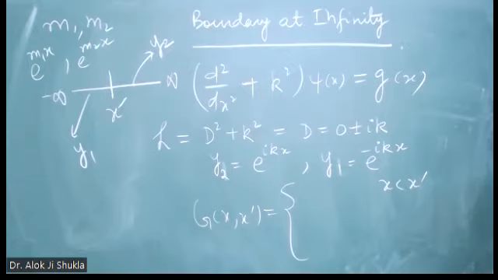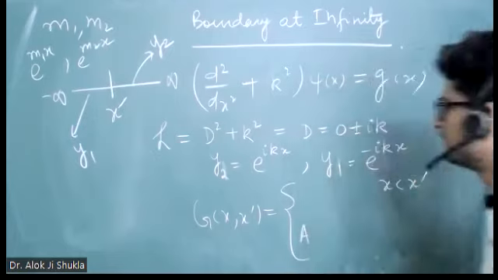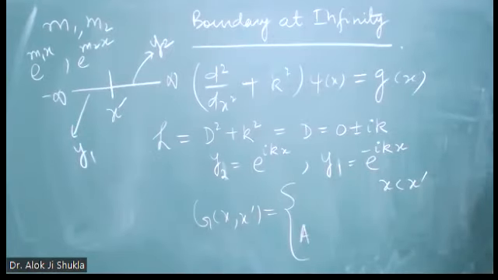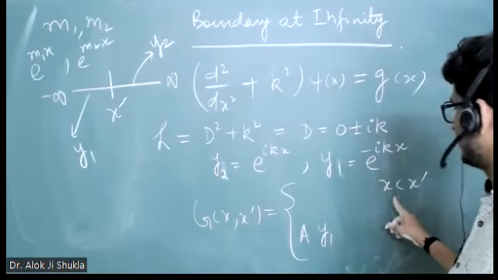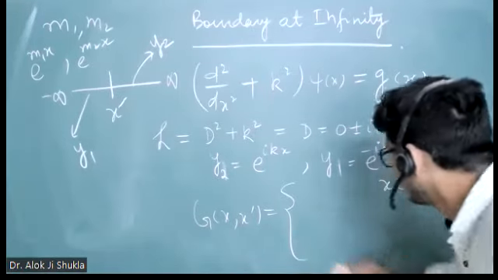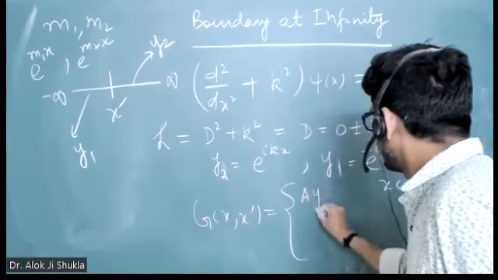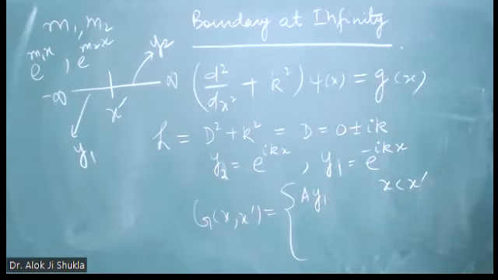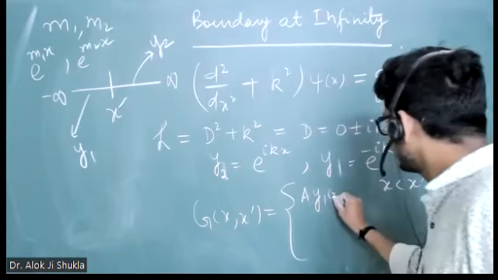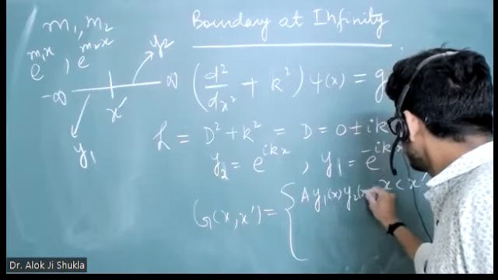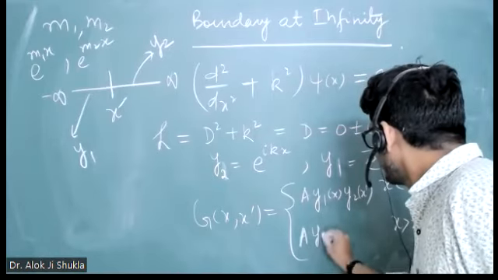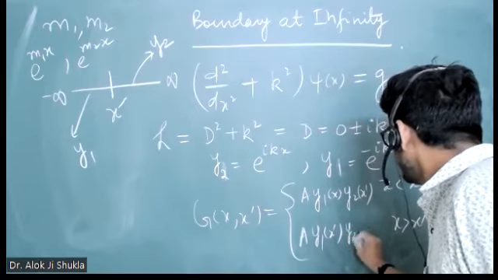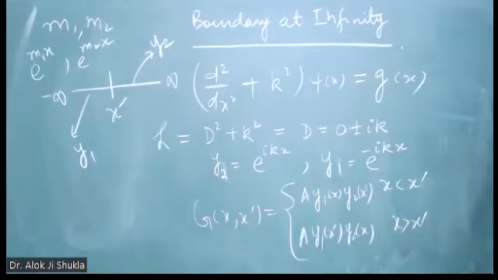So x less than x dash will be a y1 x and y2 x dash. And x greater than x dash will be a y1 x dash and y2 x. This will become the Green's function.